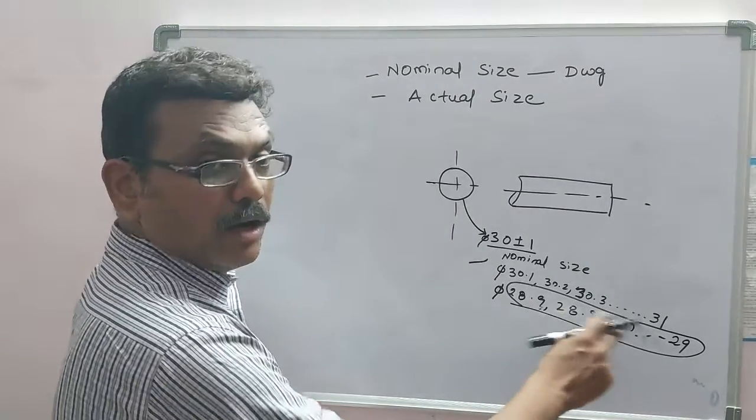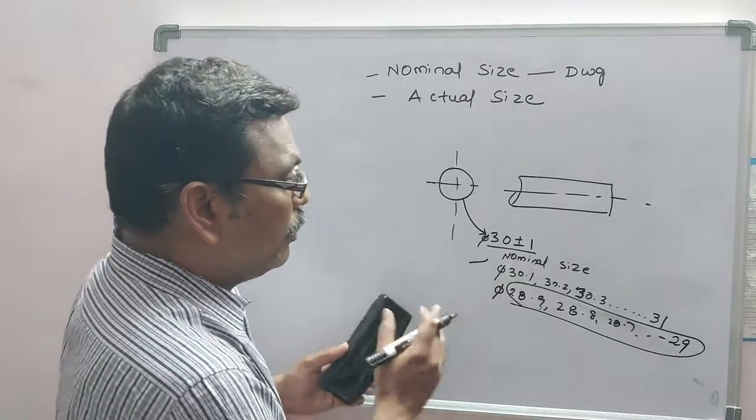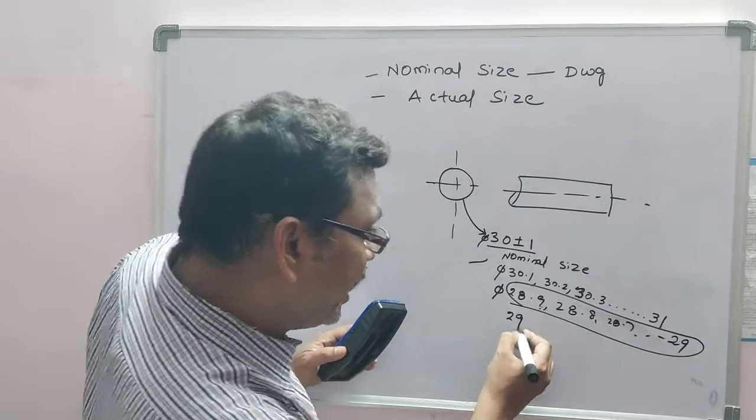Just reverse it, I have written it wrongly. So this can go down to 29 only.